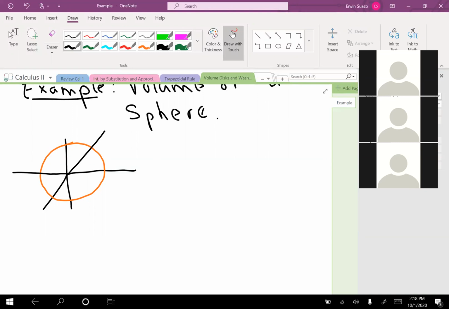Okay. So does somebody remember, if this is a sphere, what is the volume of a sphere? From high school.